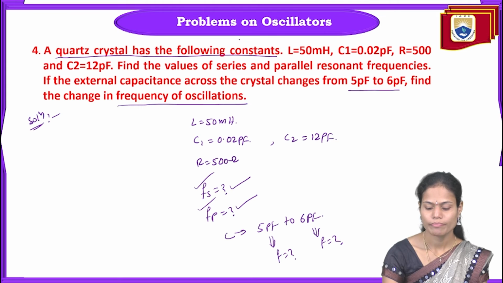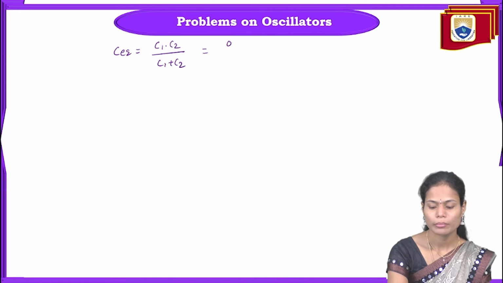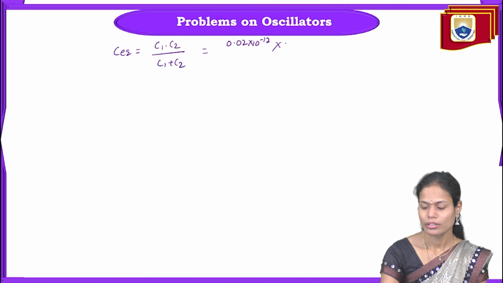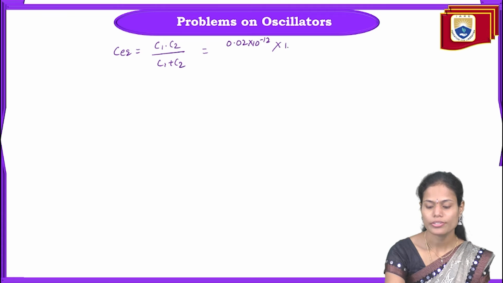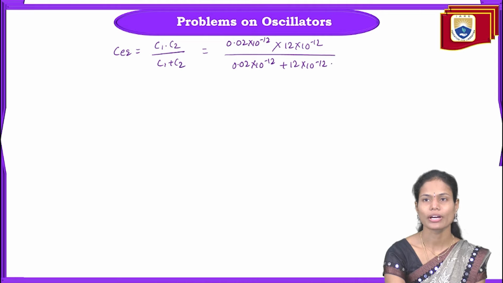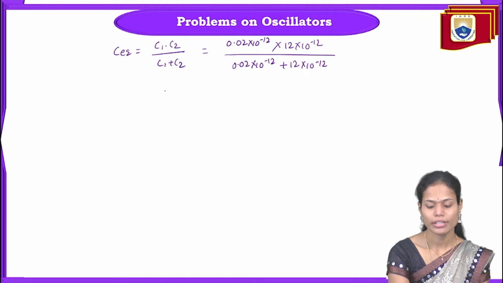C1 value is 0.02 picofarads and C2 value is 12 picofarads. 0.02 into 10 power minus 12 plus 12 into 10 power minus 12 here. So if we simplify, we will get the equivalent value as 0.01996 picofarads.